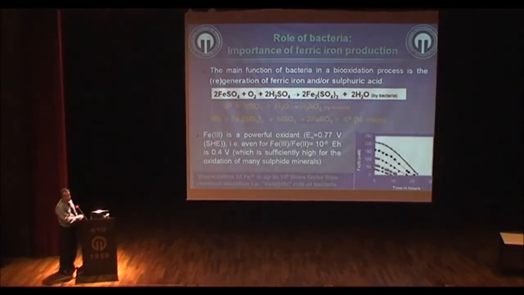Ferric iron is a powerful oxidant with a reduction potential of around 1.77 volts, which means even if only a small quantity of ferric iron is present in solution, it can theoretically oxidize almost all known sulfides.